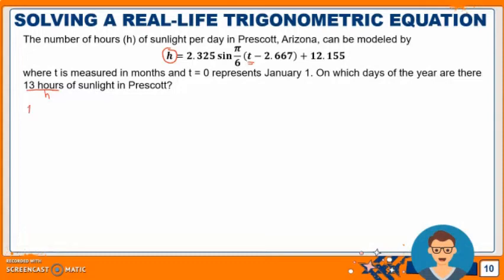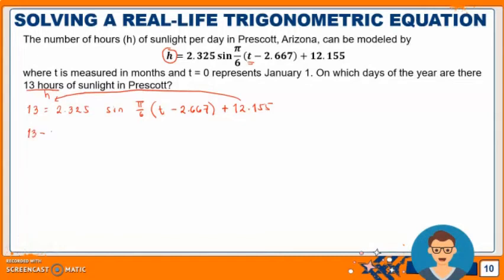So that is 13 = 2.325 sin(π/6 (t − 2.667)) + 12.155. And then isolating the t by transposing first 12.155 to the other side.